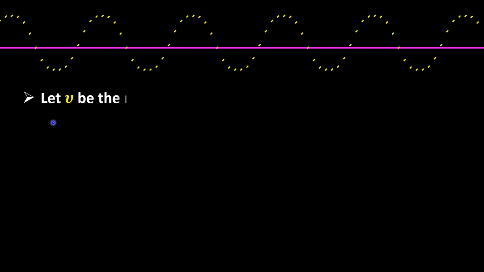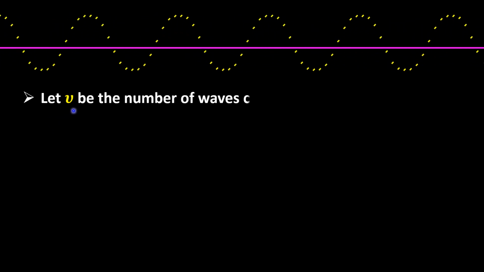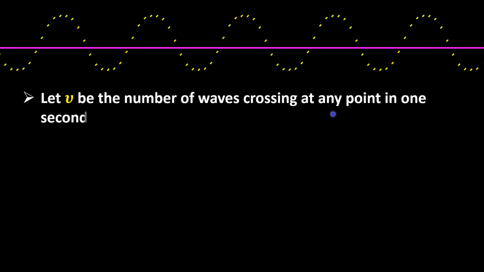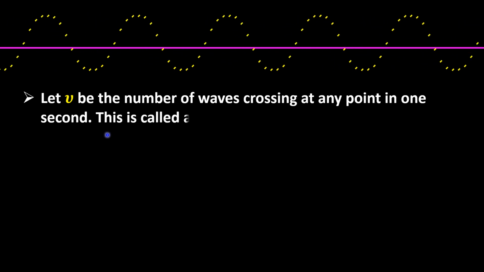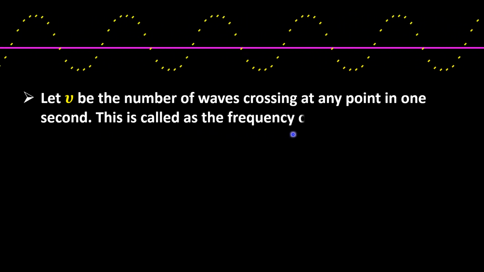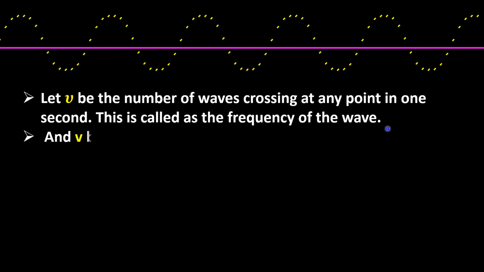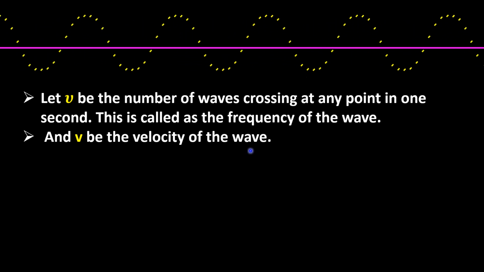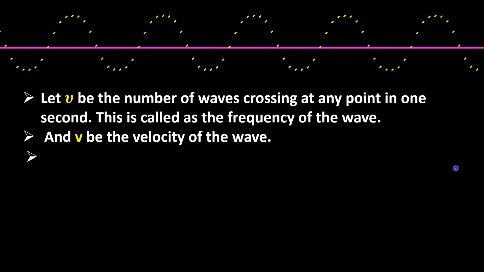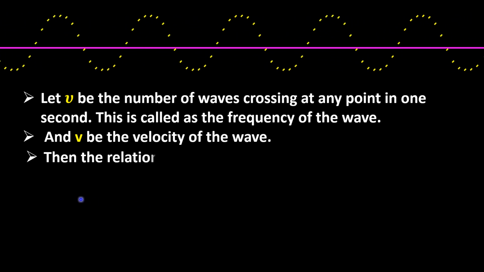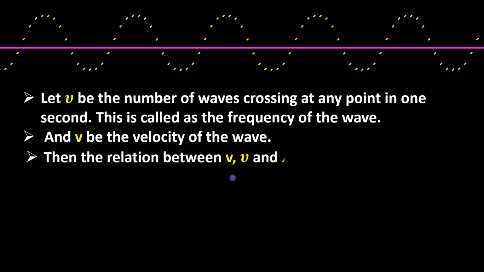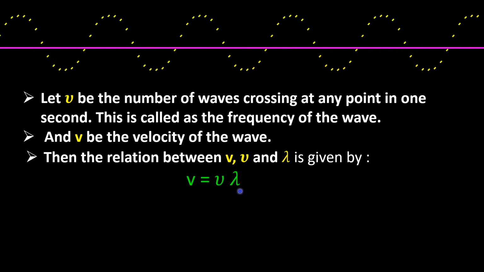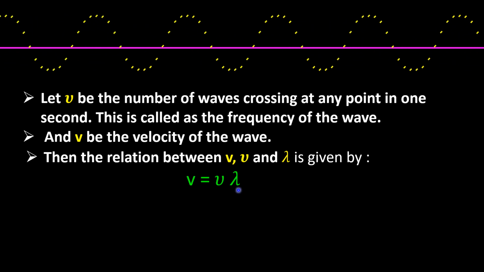So see here, let nu, the Greek letter nu, be the number of waves crossing at any point in 1 second. This is called the frequency of the wave, and v be the velocity of the wave, and the relation between v, nu and lambda is given by v equal to nu into lambda.